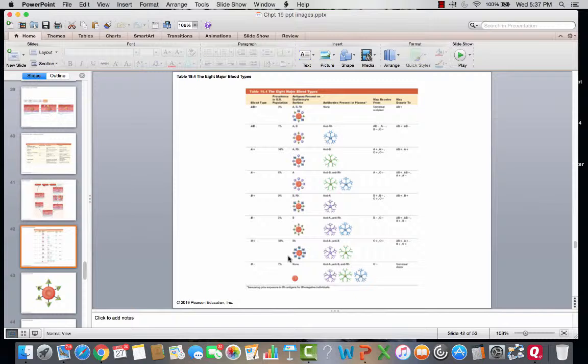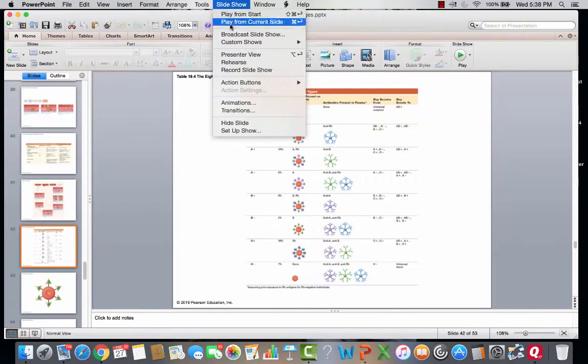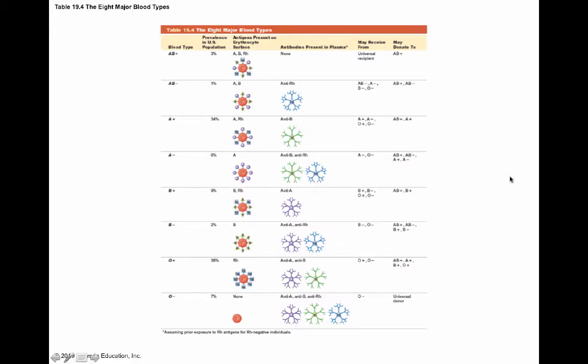So starting on page 746, we are going to talk about blood typing and matching. I touched a little bit on the formation of antibodies in blood to help neutralize foreign substances. For this discussion, let me blow up the screen so we can see it a little more.